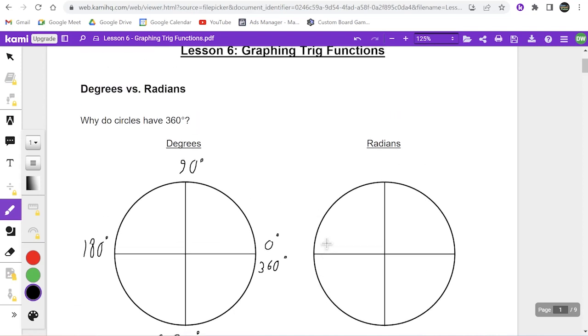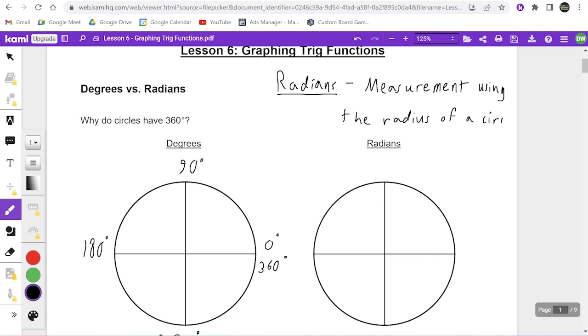So just to understand what a radian is, radians are actually pretty simple to understand. The definition is, it's a measurement using the radius of a circle.